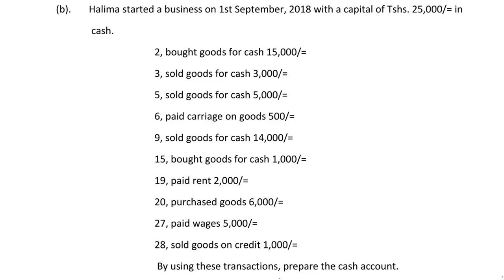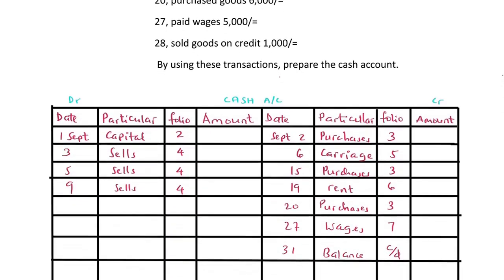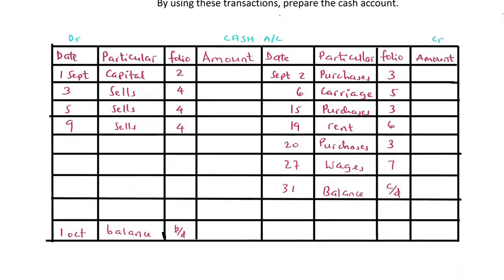It has two sides, the debit side and the credit side. So we are going to sketch the cash account, which will have a debit side and a credit side, and on each side we are going to have 4 columns: date, particulars, folio, and amount.